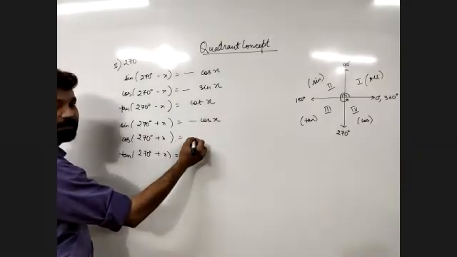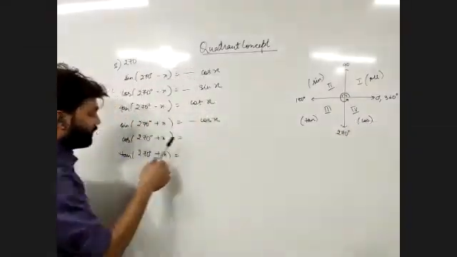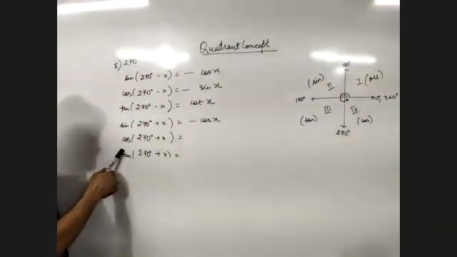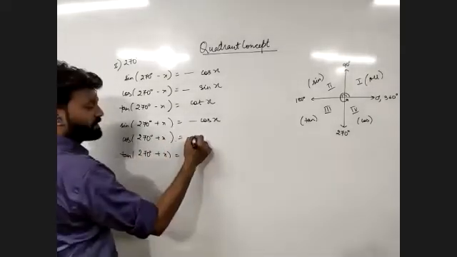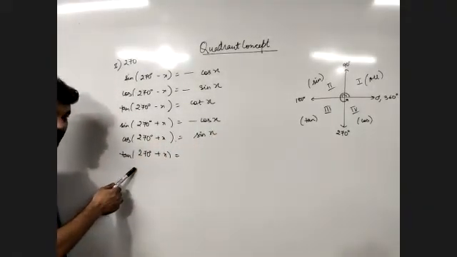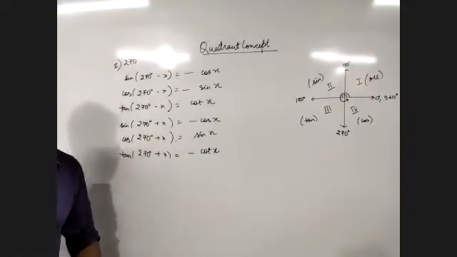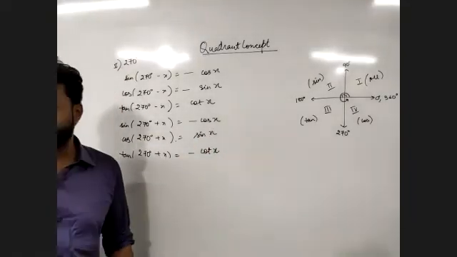This will be plus sin x. 270 plus x, fourth quadrant. Fourth quadrant cos is positive, but function will change. So this will be sin x. Fourth quadrant, tan will be negative, function will change, minus x. Clear now?